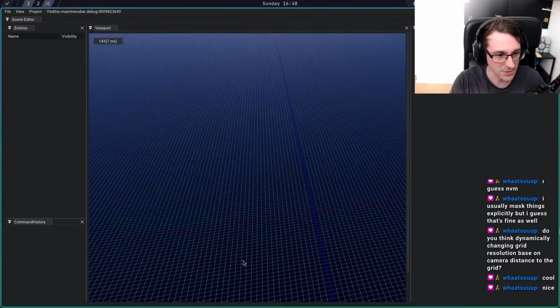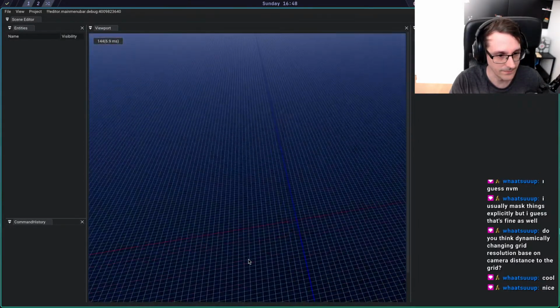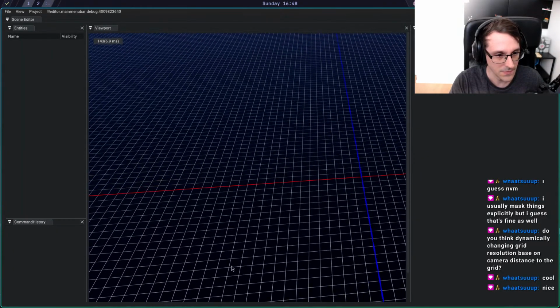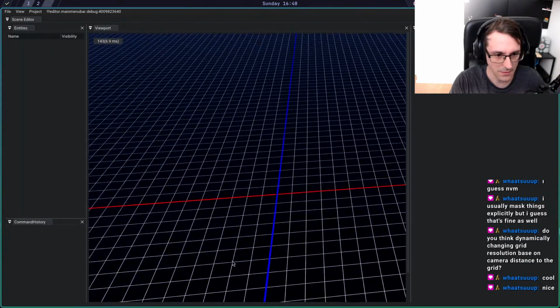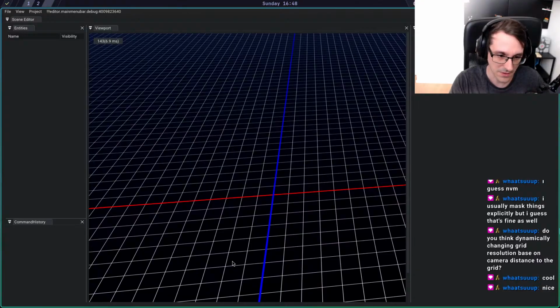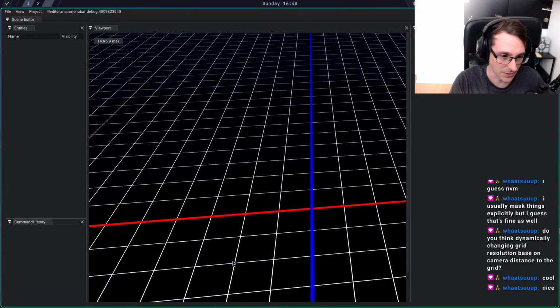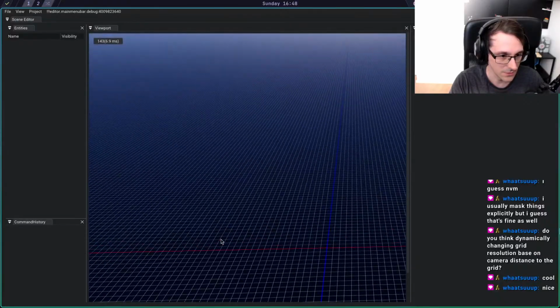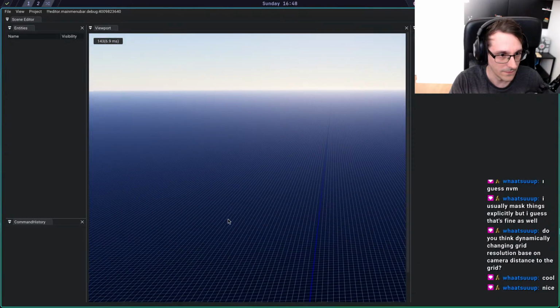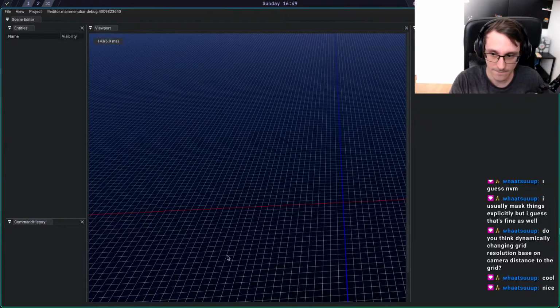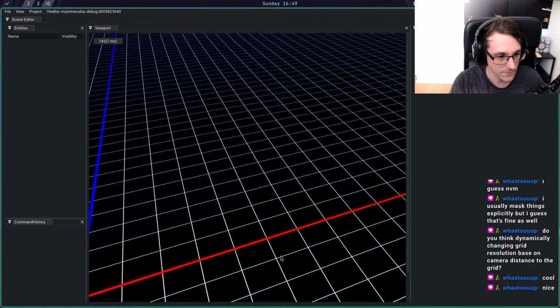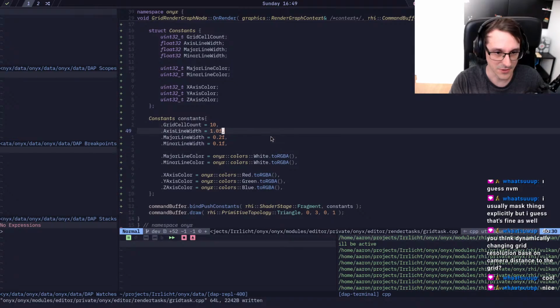I mean, actually from the top you see it quite nicely. Yeah, I mean, maybe something like that. It could be a little bit less thick, maybe, but I don't know. Maybe 1 is too much, yeah.